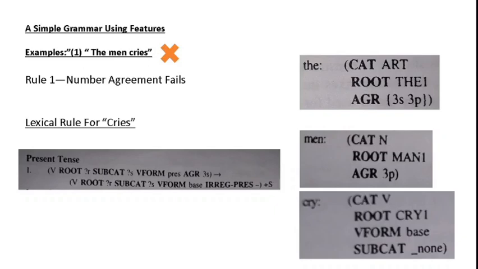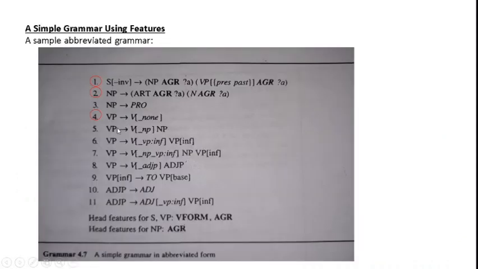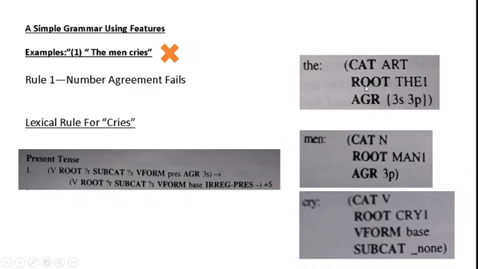Okay, so if you see the men, the article is the, and the noun part is men, and both the article and noun are supposed to have the same AGR value. The article can have the AGR value 3s and 3p, and the noun men can have the AGR value 3p. So in order to have both of them with similar values, we will select 3p for the and men together.